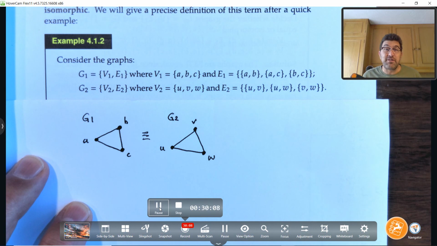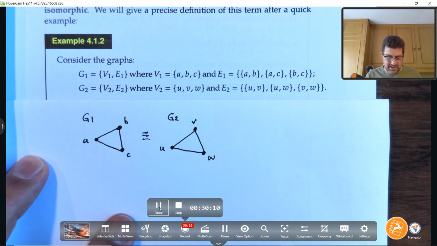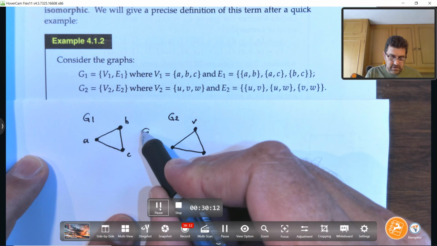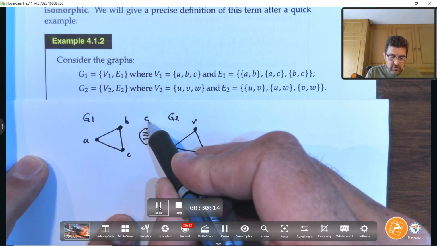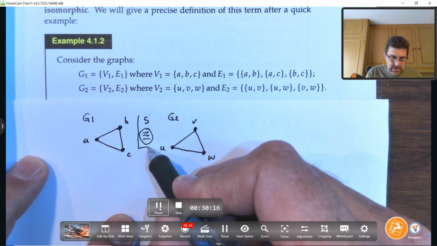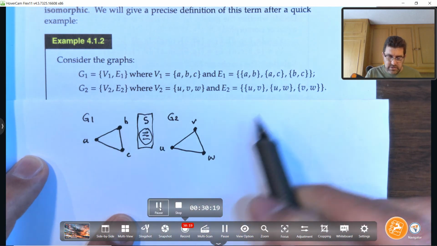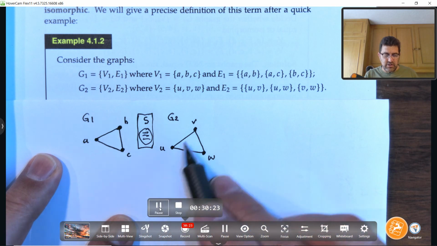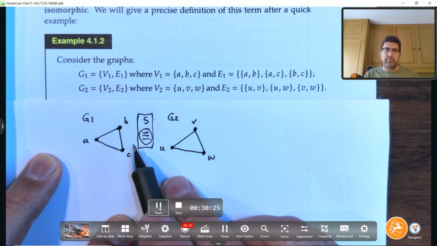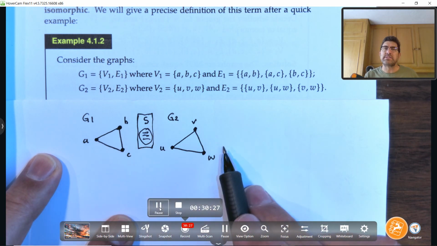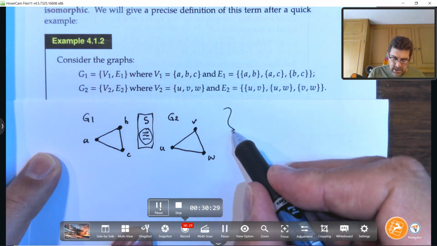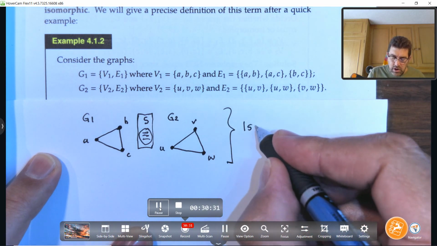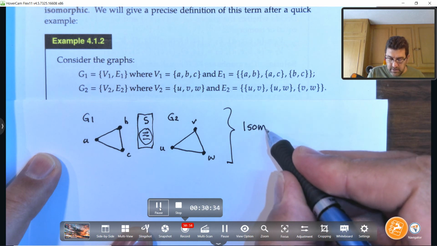Okay, let me just correct what I just said there. They're not equal. They are congruent in their structure. The 2 graphs are totally different, ABC, UVW, but their structures are the same. Now this type of thing we call isomorphic.